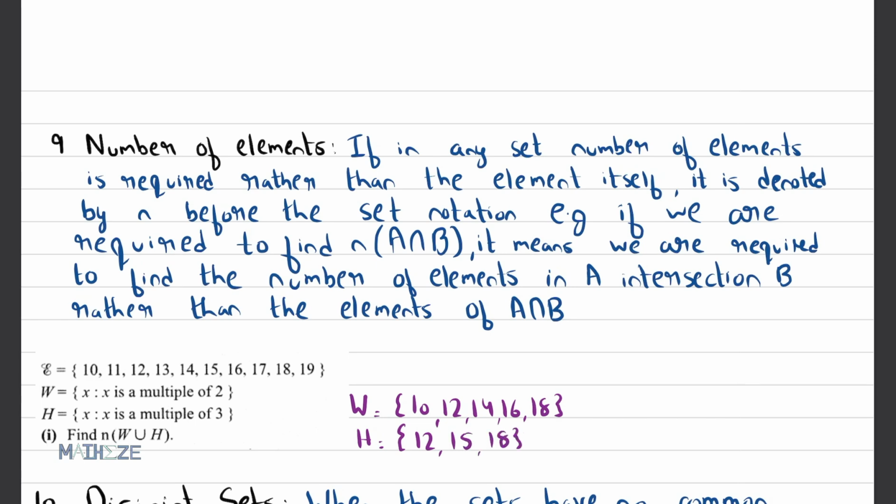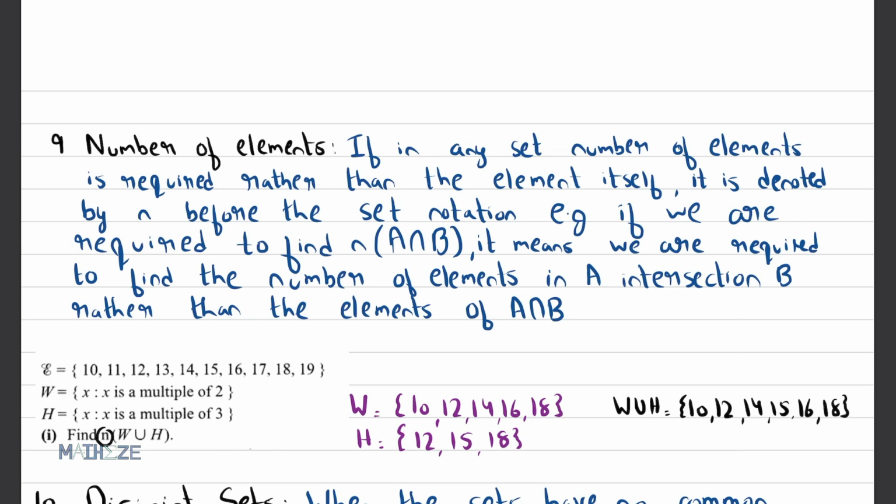Now the question is I need n of W union H. And in union, I write down all the elements. So it's going to be 10, 12. 12 is coming in both, but I'll write it only once. 14, 15, 16, and 18. Will I get the marks?